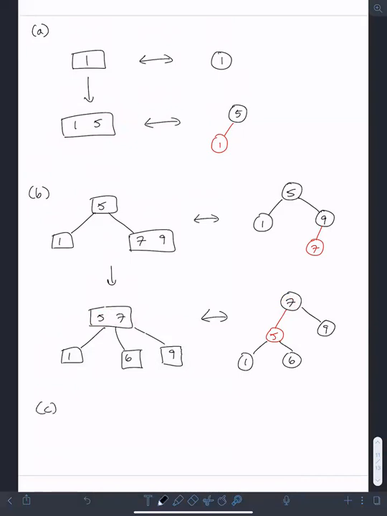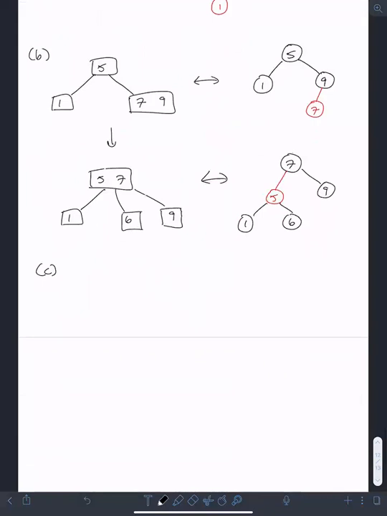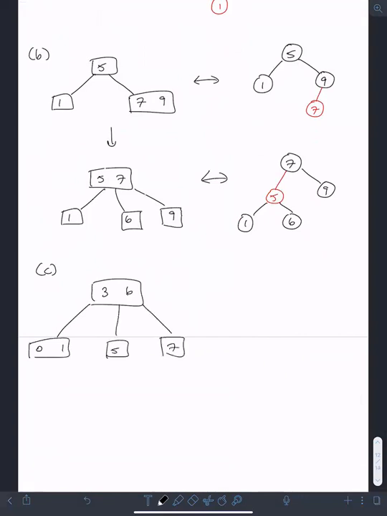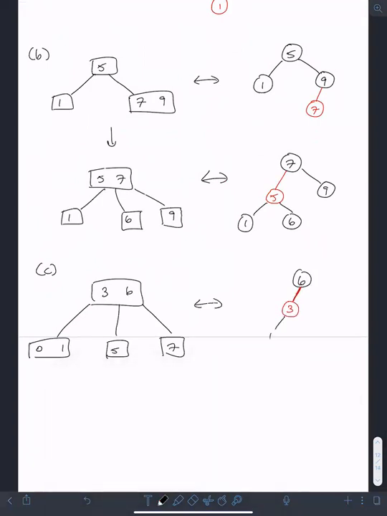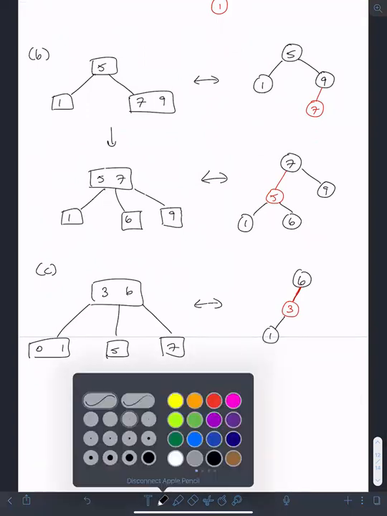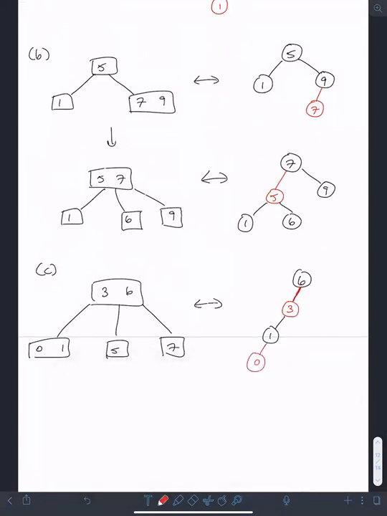Now lastly, let's look at inserting 2 into this 2-3 tree. Okay, so first let's translate this into an LLRB. So again, we have the root be 6, and we're going to have a red left child, and then this is going to have a black left child, which is going to have a red left child.